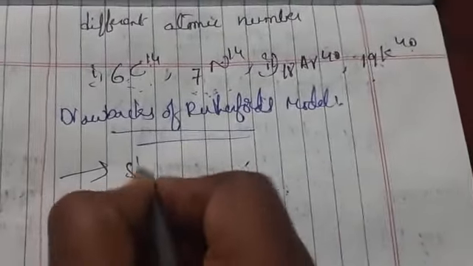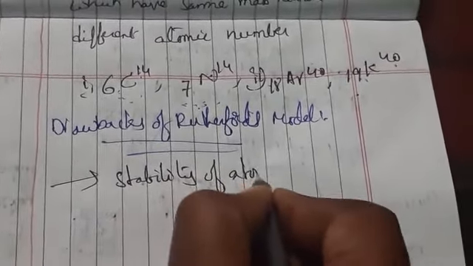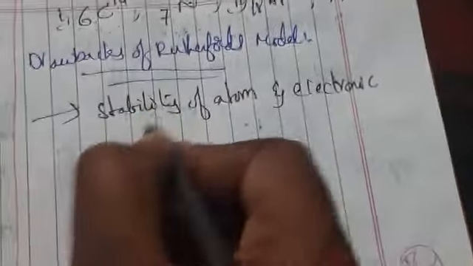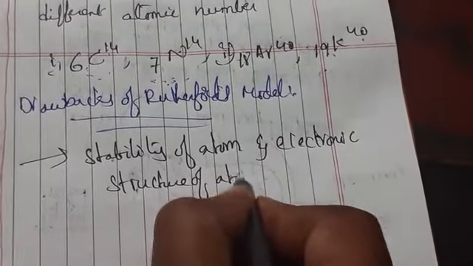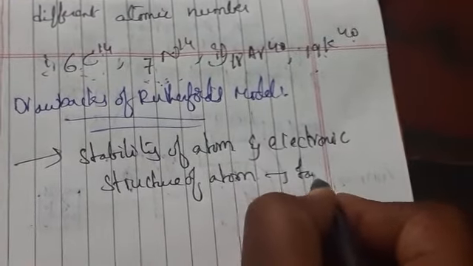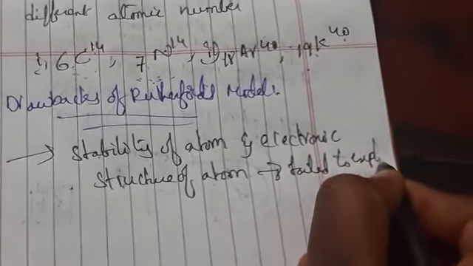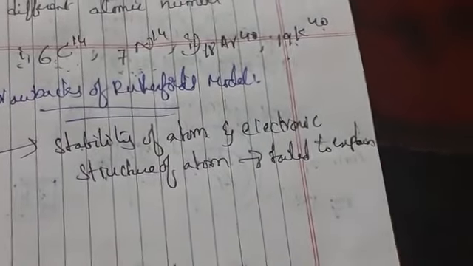The Rutherford model cannot explain the stability of the atom, and it also cannot explain the electronic structure of the atom. He failed to explain the stability of the atom and also the structure of the atom.